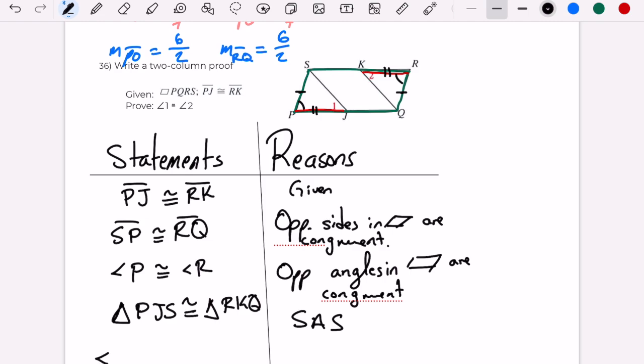And then finally, angle PJS is congruent to angle RKQ because of CPCTC. Beautiful. Angle 1 is congruent to angle 2.